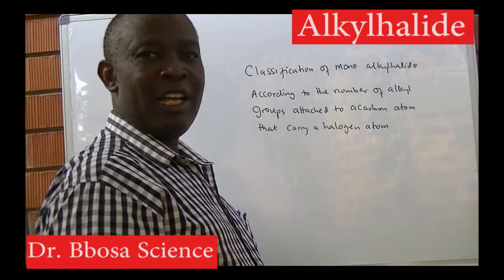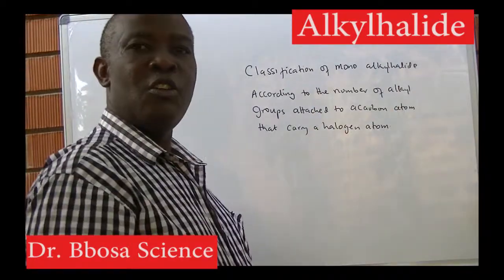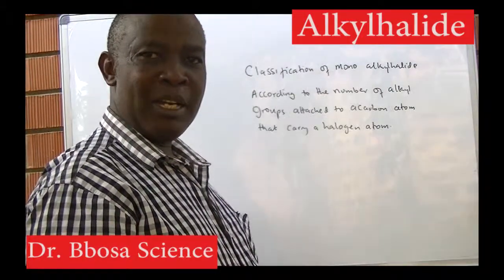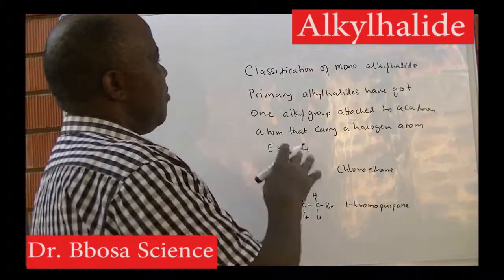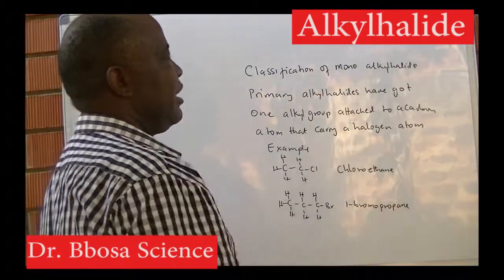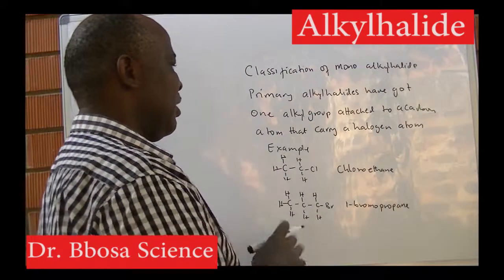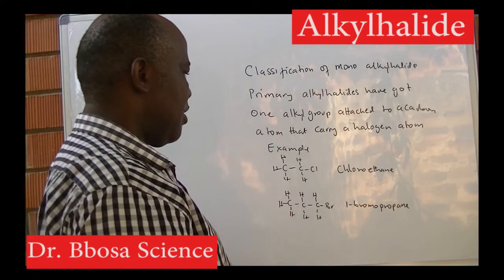Mono alkyl halides are classified according to the number of alkyl groups attached to a carbon atom that carries a halogen atom. Primary alkyl halides have one alkyl group attached to a carbon atom that carries a halogen atom.